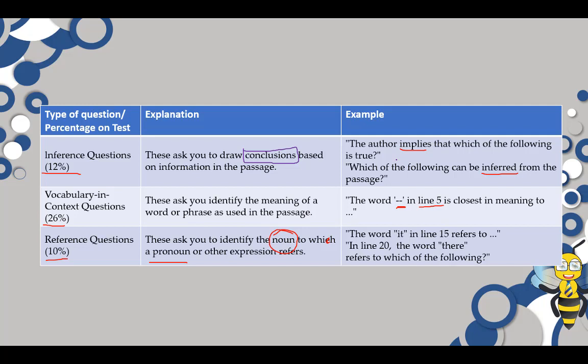The good thing is that there are not too many inference questions, only 12%. But you need to understand what their position is. Remember, there are also inference questions in the listening section. I remember an example: someone said, hey, why don't you sell your car?